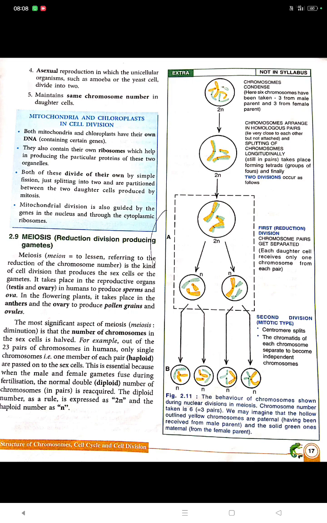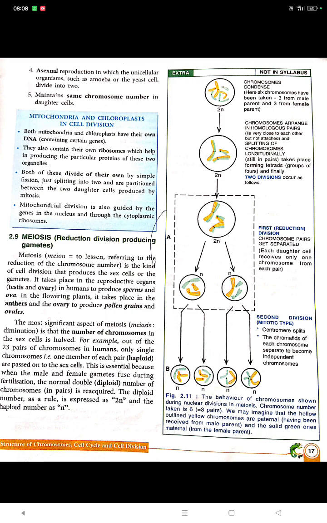What is the most significant aspect of meiosis? The number of chromosomes in the sex cells is halved. For example, of the 23 pairs of chromosomes in humans, only single chromosomes, one member of each pair, are passed on to the sex cells.